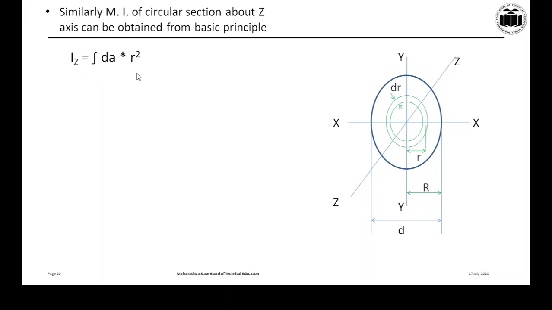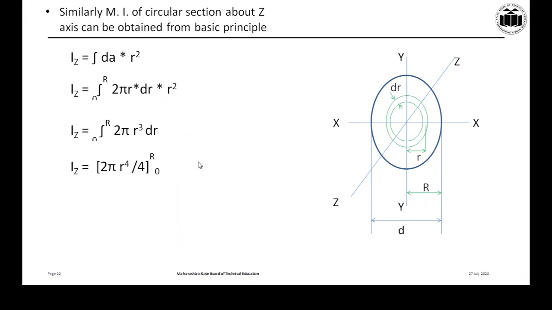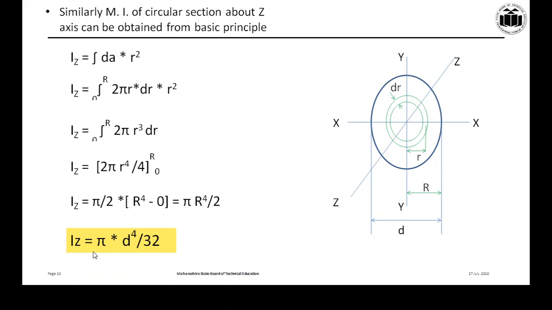Ix is equal to summation, integral dA into r square. So these are the similar steps, and you get the final moment of inertia about z-axis, which is perpendicular to plane of circle, equal to pi d to the power 4 divided by 32.